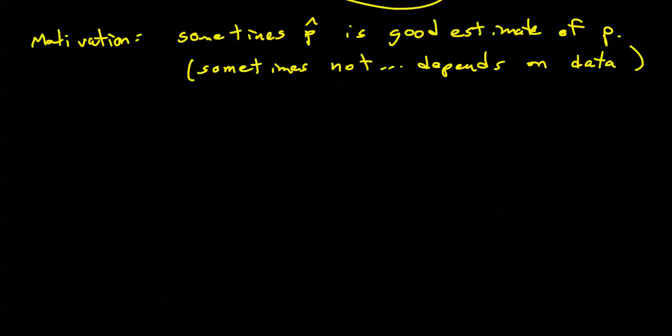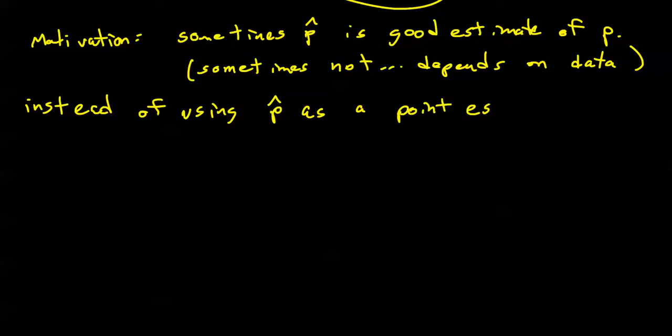So instead of using p hat, our sample proportion, as a point estimate, I'm going to suggest a better way.